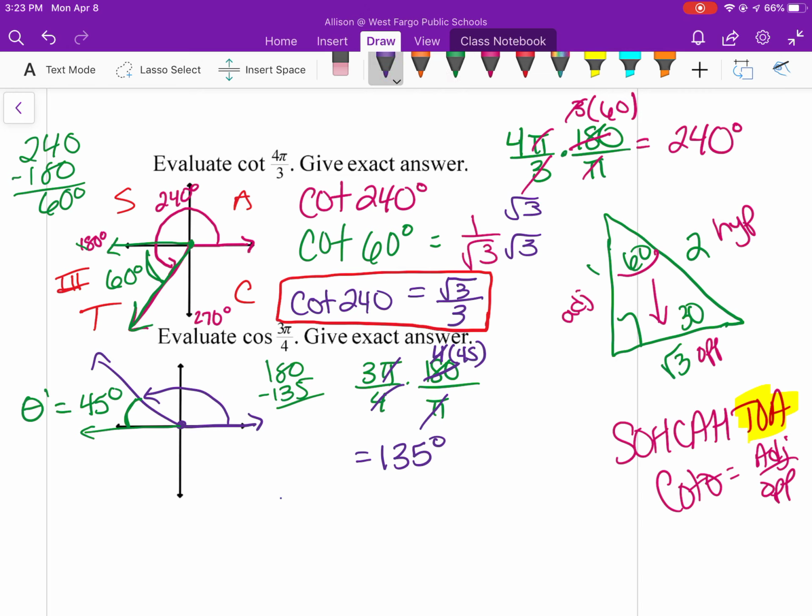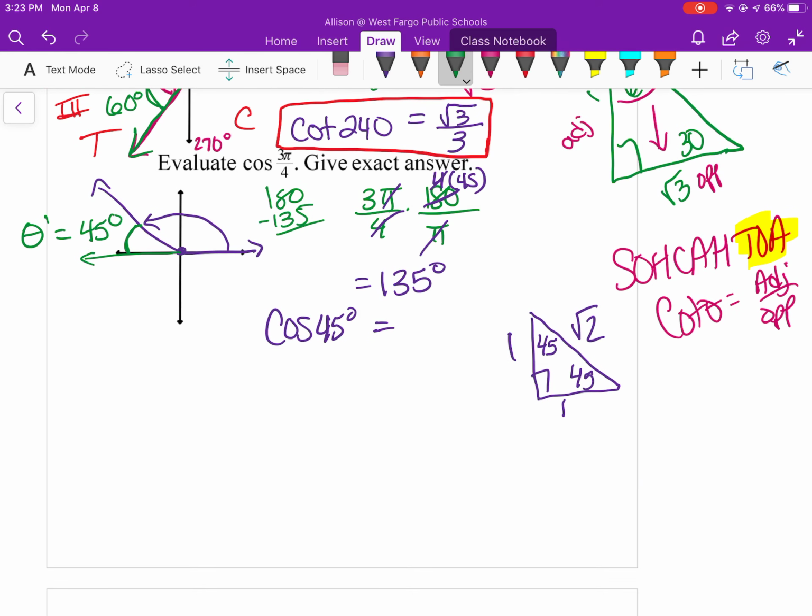So now I can find the cosine of 45 degrees, and that'll be equal in magnitude to the cosine of 135 degrees. So for 45 degrees, you need to use the 45, 45, 90 triangle to get the exact answer, which has a ratio of 1, 1, square root of 2.